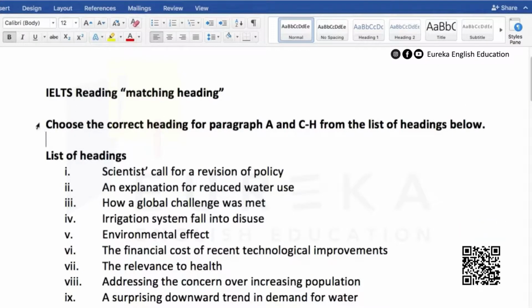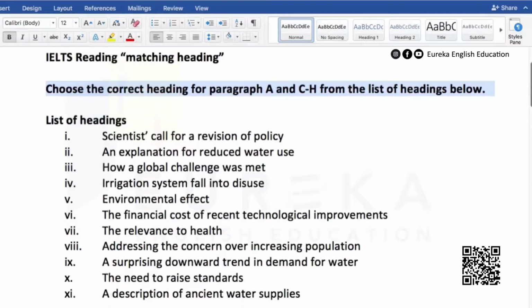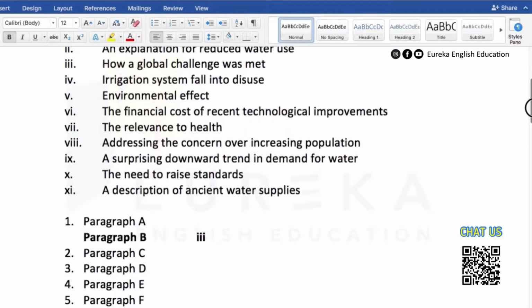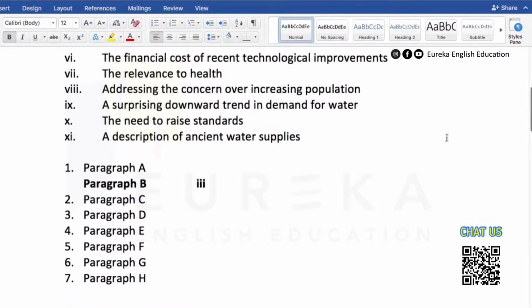It will start with this instruction: choose the correct heading for paragraphs A and C to H from the list of headings below. You will be provided with a list of headings like this, and beneath it there are some questions.